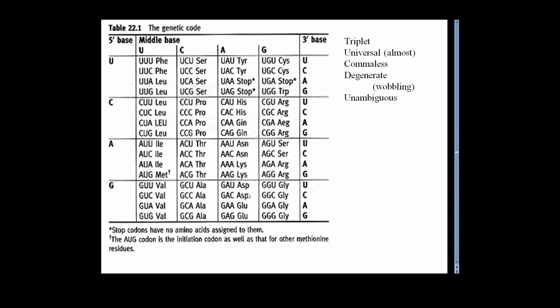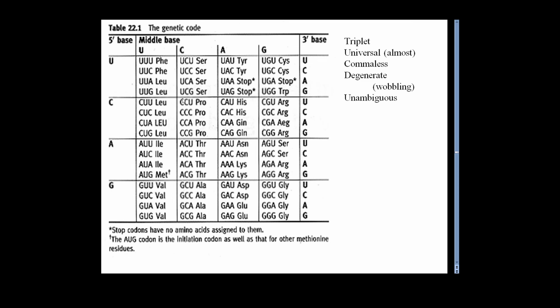But not all variants are important for coding of amino acids. 3 triplets are senseless. They are called stop codons: UAA, UAG, and UGA. And the other properties: the code is comma-less, unambiguous, and degenerate.